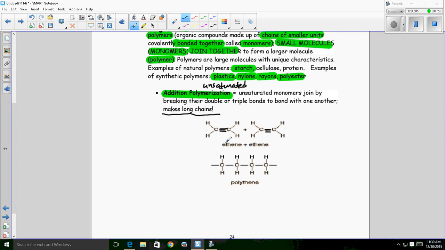If you have two ethene hydrocarbons, what happens with the whole addition polymerization is that these bonds are broken and all the carbons, 1, 2, 3, 4 carbons, are joined together. Here are our 4 carbons that are located with the two ethene molecules, and you are combining also the 8 hydrogens.